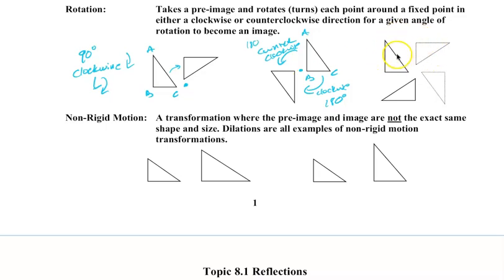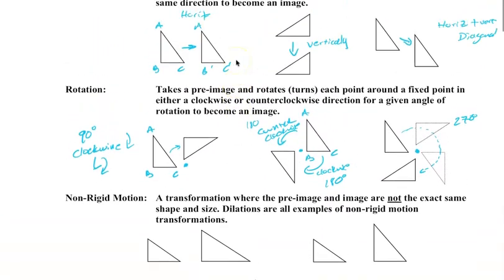And you can see here there's our center of rotation, and we can go all the way around. This would be about 270 clockwise. It's almost a full circle, but a little back 90 degrees. Or you could say negative 90 degrees, counterclockwise. Again, we'll spend a whole lesson on this. It's just a general idea of what things we could do.